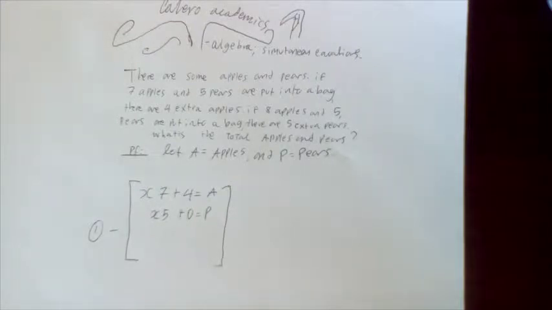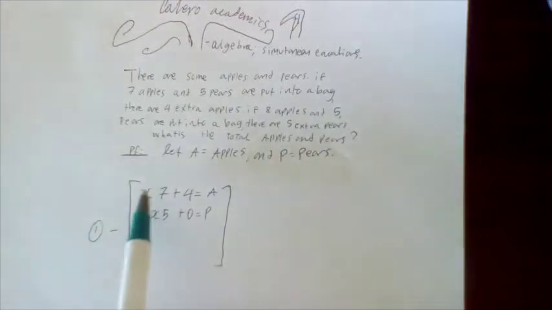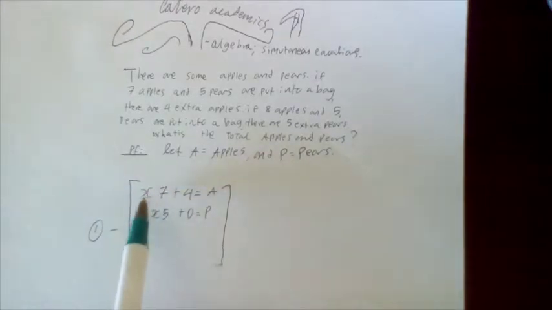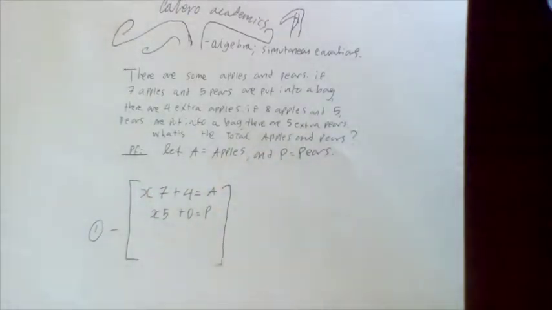So since we do not know the total, we say that X bags lots of 7 apples plus 4 apples equals the total number of apples, and over here X lots of 5 pears plus 0 is equal to P, the total number of pears, and it's 0 because there are no extra pears for this one.